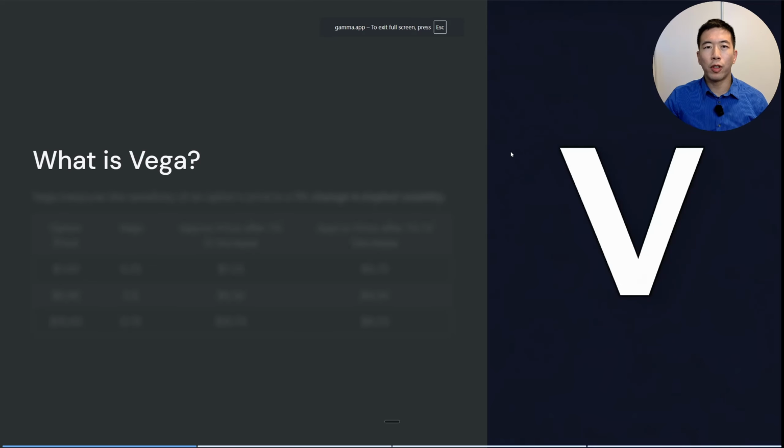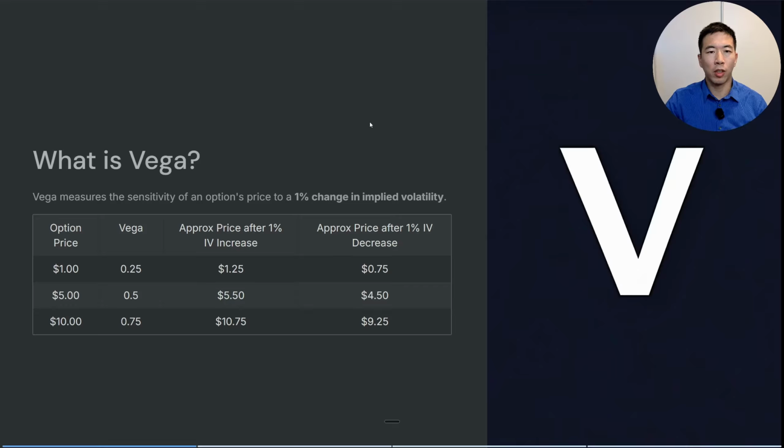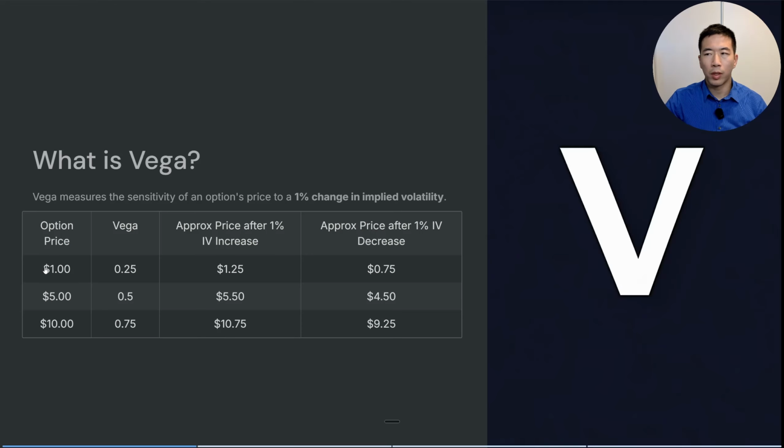The symbol for Vega is just a V. This is what you'll see in the platform in most brokerages. Vega measures the sensitivity of an option price to a 1% change in implied volatility. Let's look at some examples right here. Your option pricing is $1, and your Vega is 25 cents.